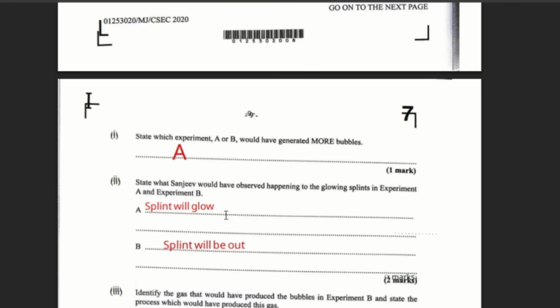Now when Sanjay would have taken out the test tube and put the stick in there, the splint would basically glow, it would kind of have a fire, right? So that is what would happen. The splint will glow. And then in B, when the splint goes in there, the splint would not have any fire, would not have any glow basically, right? And then we're going to explain why.